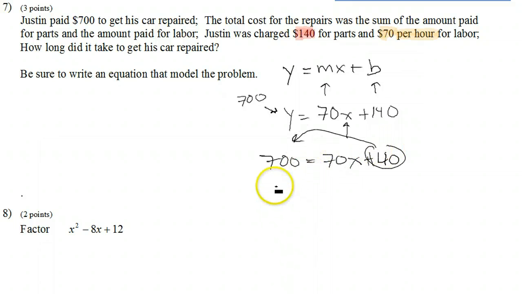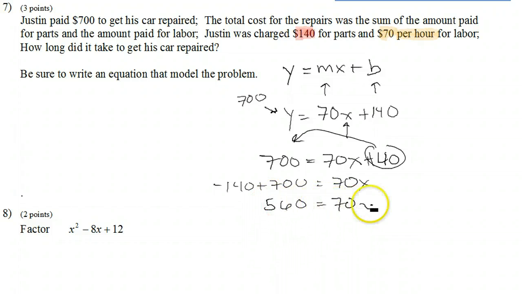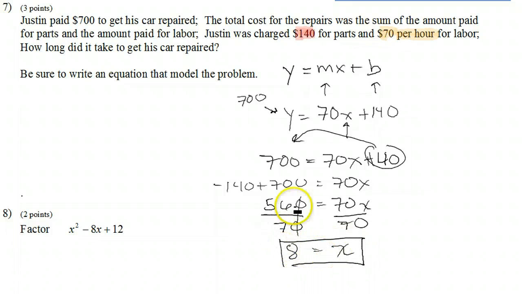Moving the 140, I get negative 140 plus 700, which if I subtract 100, that's 600 minus 40, that's 560. And then if we divide by 70, so then 56 divided by 7 is 8. And so we see it takes 8 hours to be able to repair the car and spend $700.